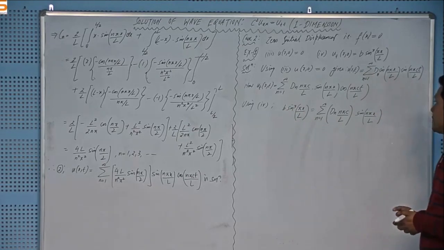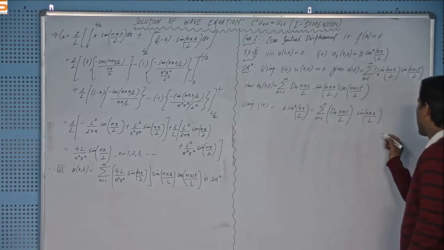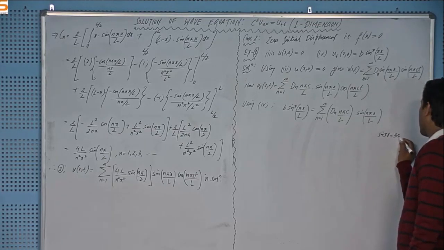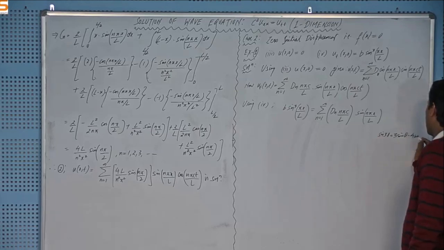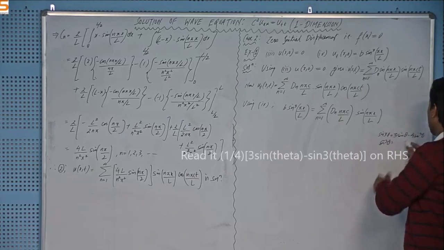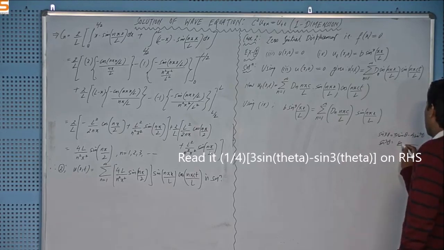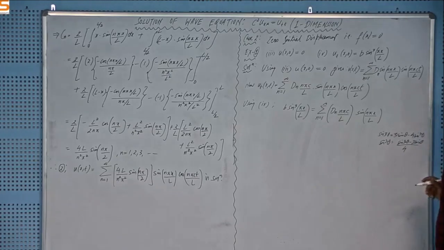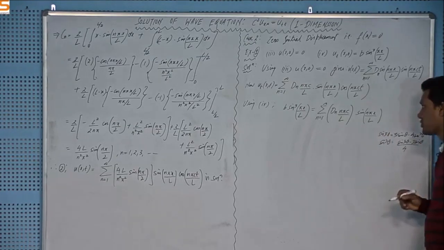That formula is sin 3θ equal to 3 sin θ minus 4 sin cube θ, and from this formula sin cube θ will become (sin 3θ minus 3 sin θ)/4. I will use this formula to do the comparison on both sides.